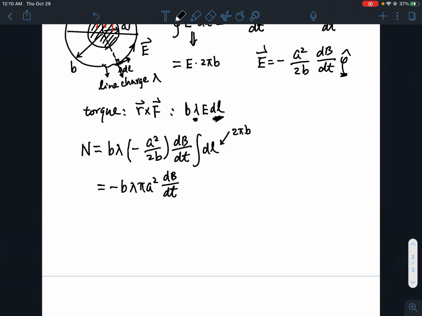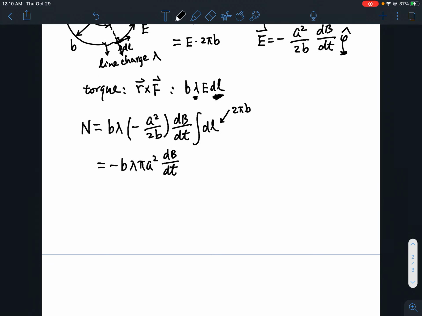So this is the overall torque, and this overall torque applied will make the wheel rotate. We can find the angular momentum that we have for this wheel. For that we just need to do the integral, because it takes a short time for the magnetic field to be reduced to zero.